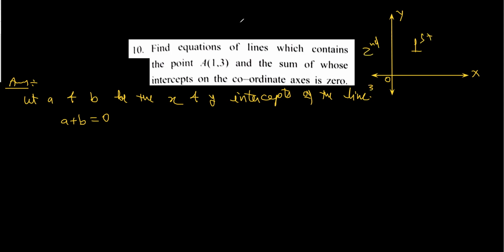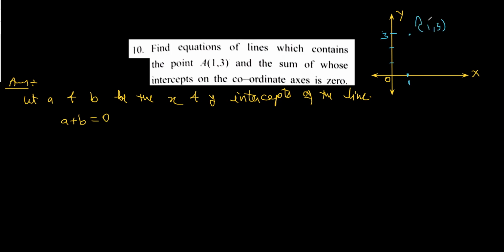Because the question says the line contains the point A(1, 3). Now tell me, where will point A(1, 3) be? Here this is 1, and then you have 1, 2, and 3. So this is point A(1, 3).